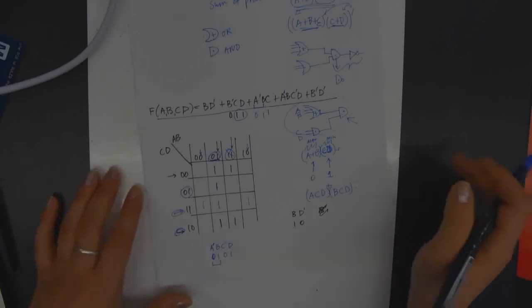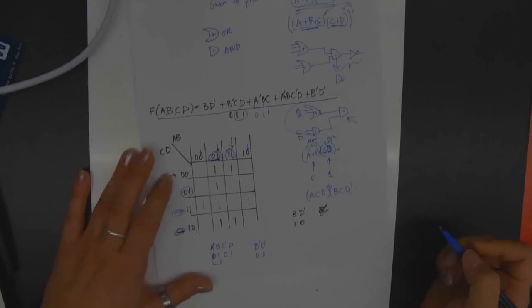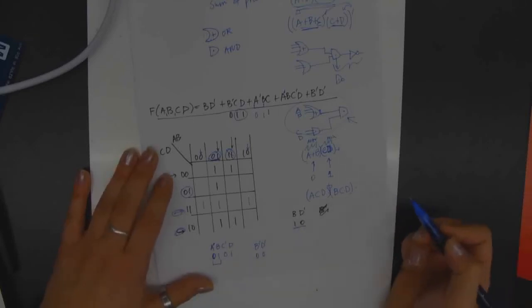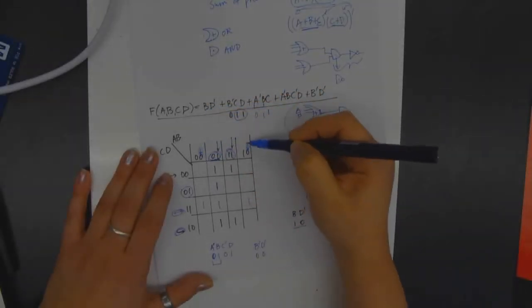Cool? And then this last one is B prime, D prime. So you're looking at B being a 0 and D being a 0 also. And just like this first one, we would have 4 1s that we would place. So B is a 0 here and here.